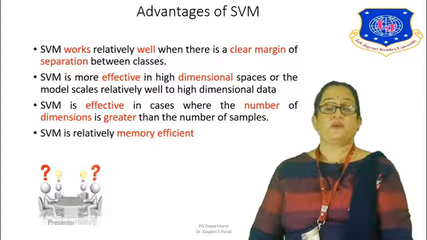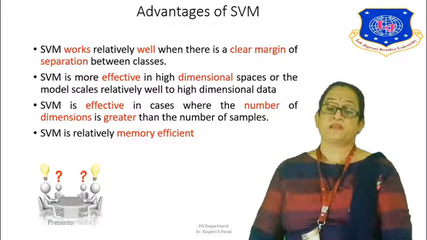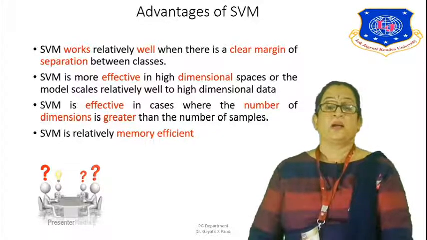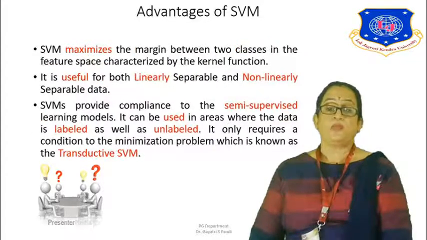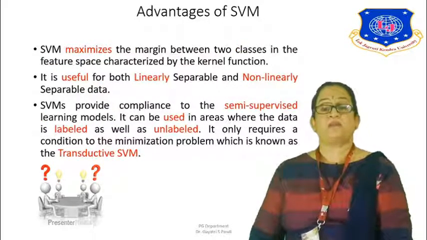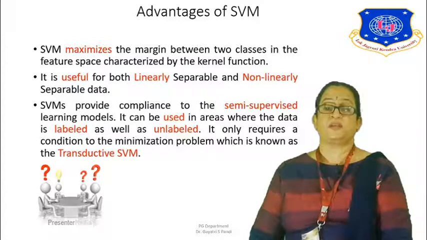So SVM is also effective in cases where the number of dimensions is greater than the number of samples. And because it works in a very effective manner, it is also relatively memory efficient, which is going to be very good. Then SVM maximizes the margin between the two classes in a feature space characterized by the kernel function.